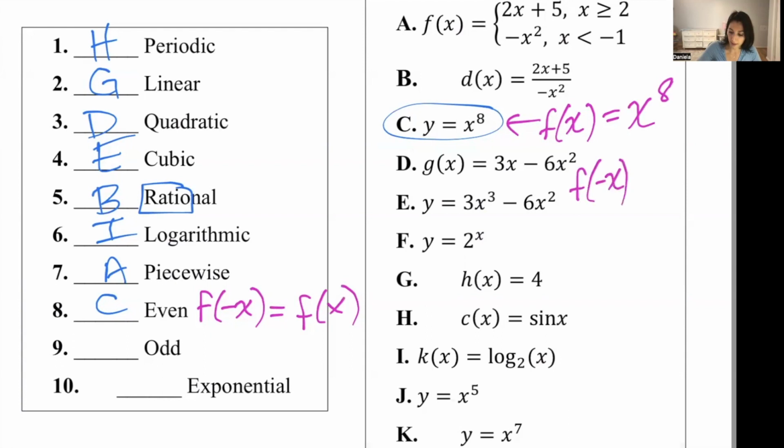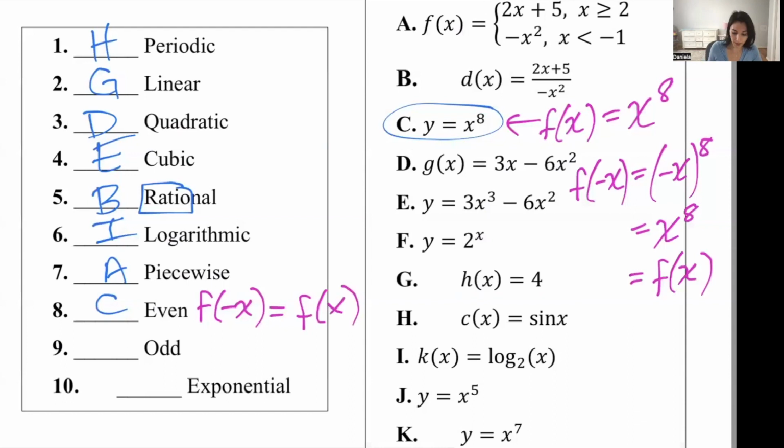So f of negative x, I'm just going to do that simple substitution, right? So either that means negative x times itself 8 times, or if you happen to know the shortcut, whenever you have something raised to an even power, it's always positive. Anything raised to an odd power, it's always negative, right? So that way we do get the original function. So negative x times itself 8 times, or you recognize it's to the even power, that does simplify to x to the 8th, which is the original function, right? So that's why it's even.